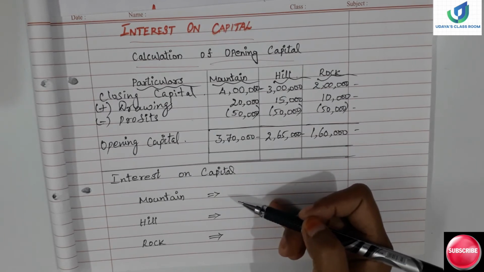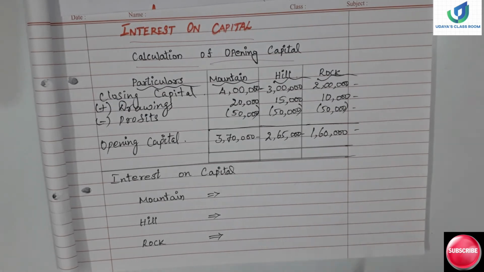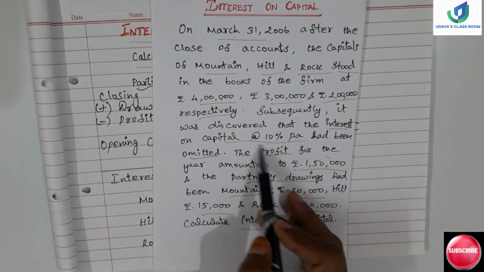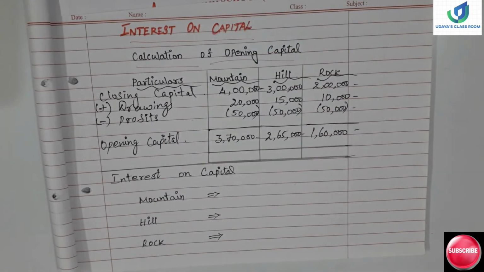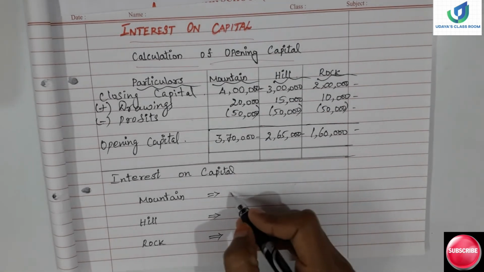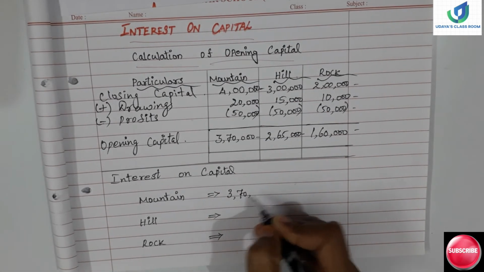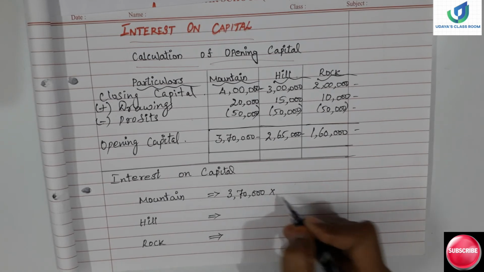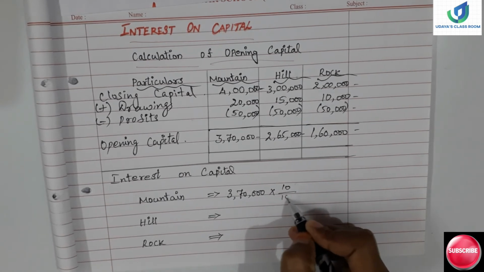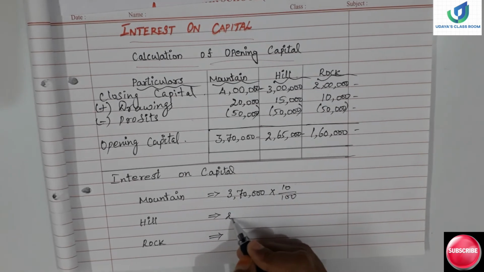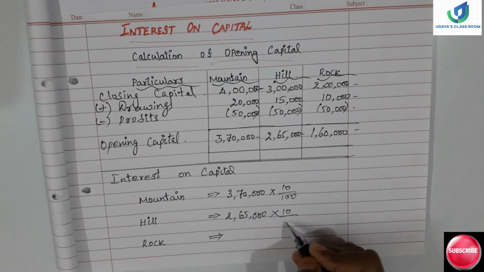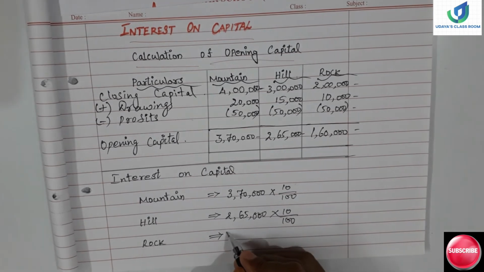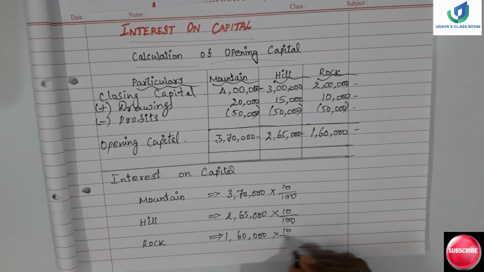Now we can calculate the interest on capital that had been omitted. The interest on capital percentage is 10%. Keeping the opening capital, we calculate 10% interest. For Mountain, opening capital is 3,70,000, at 10 by 100. For Hill, 2,65,000 at 10%. For Rock, 1,60,000 at 10%.